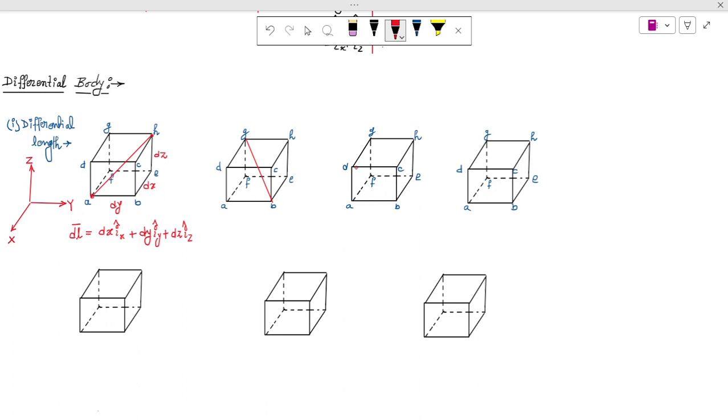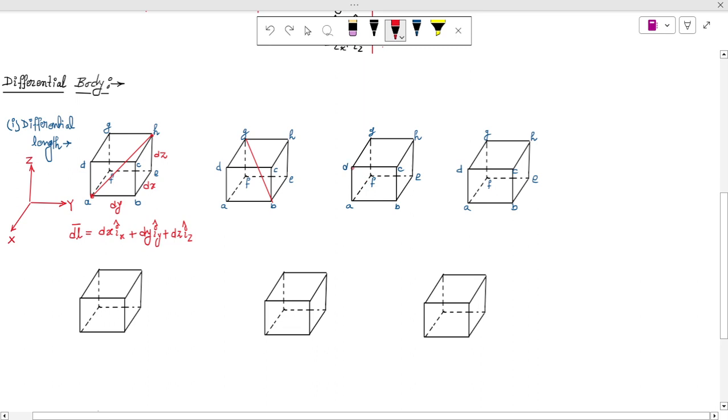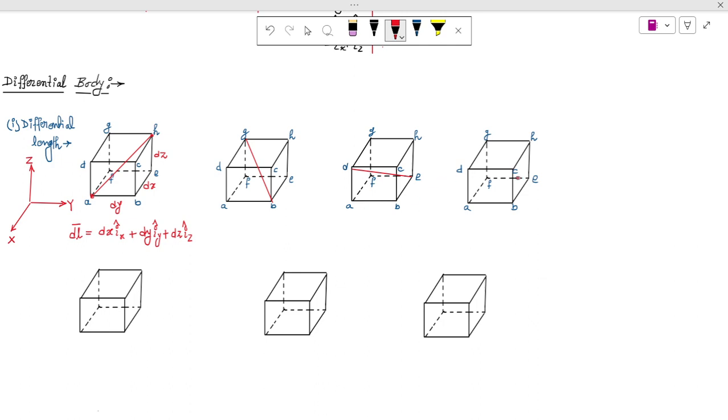Next, D to E. Next, E to F. So these are the four differentials.